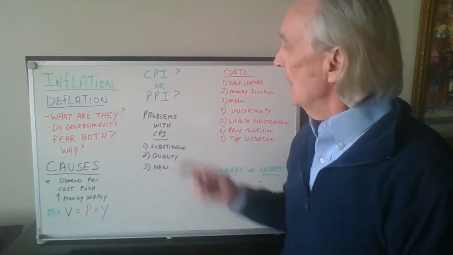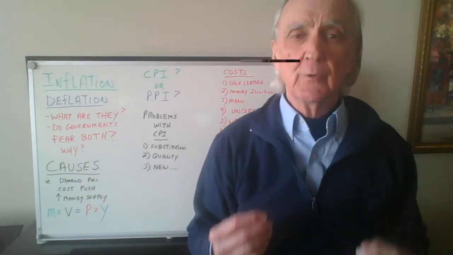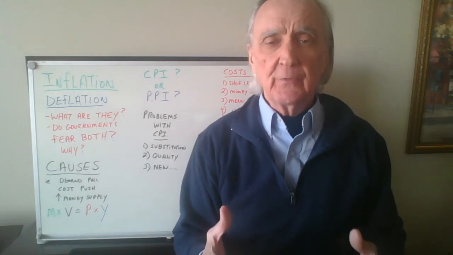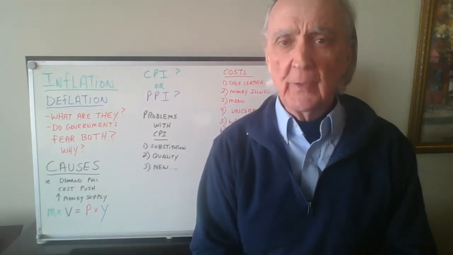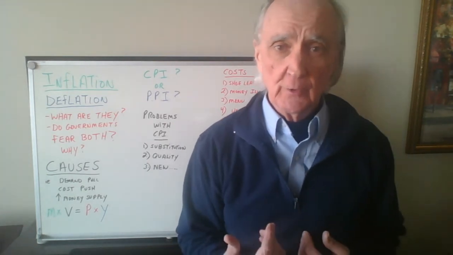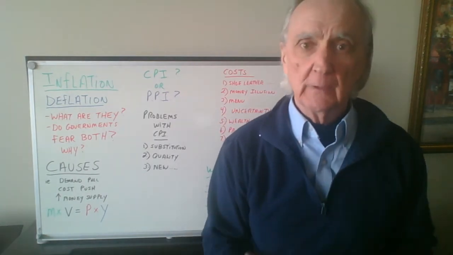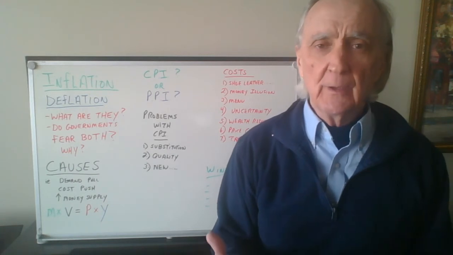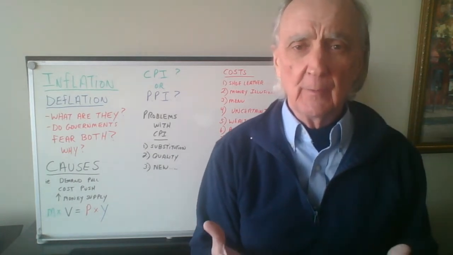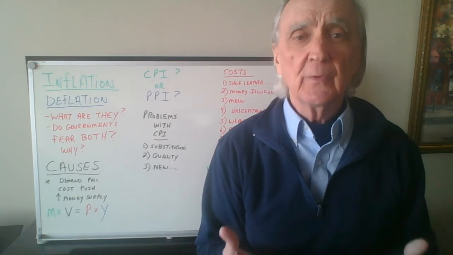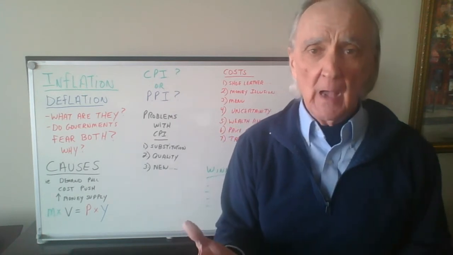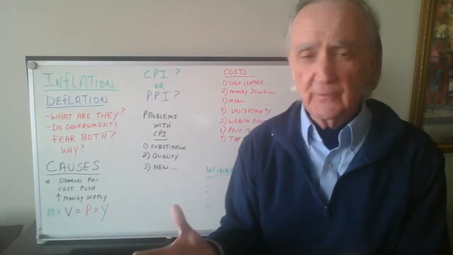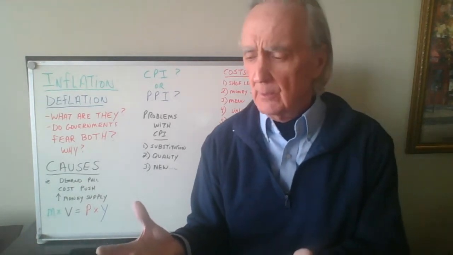Okay, now the PPI is the Producer Price Index. Okay, now that is the raw materials that industry producers would use. Coal, steel, electricity, aluminum. All right, now watching the prices of those commodities go up is important, because obviously, if you're buying something and you look at it and say, wow, the price has gone up 20%.